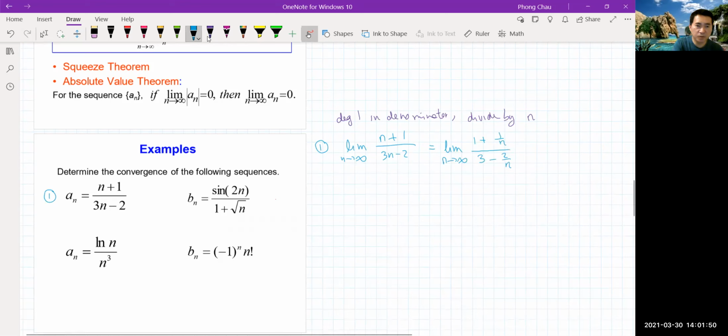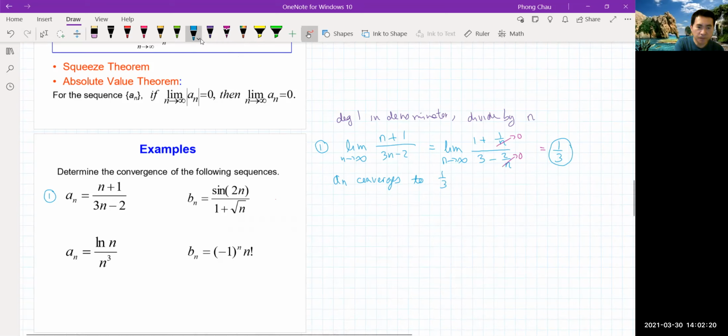We do that because from here we can see that when n goes to infinity, that approaches 0, that approaches 0, leaving 1/3. So the limit is 1/3, so a sub n converges to 1/3.